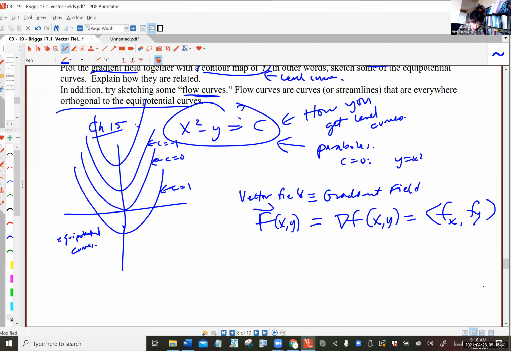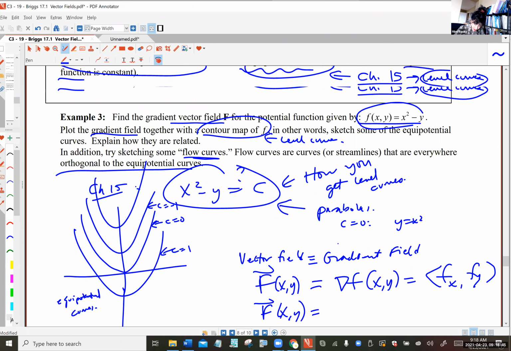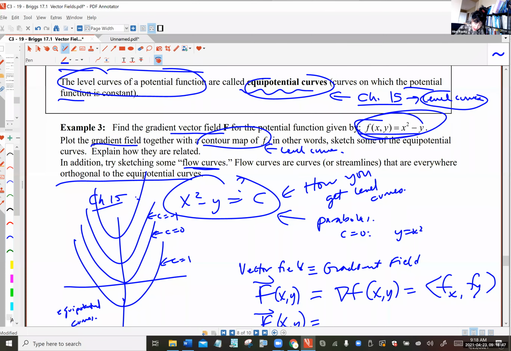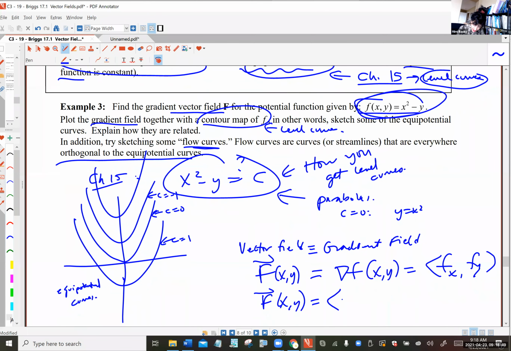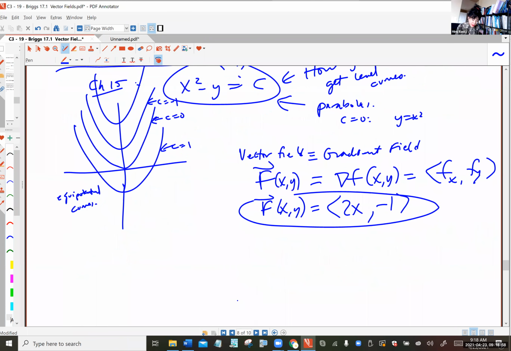Okay, so what do I mean? Well, your vector field is going to be, what's the partial of f here with respect to x? I think the partial will be 2x, and then the partial with respect to y will be -1. This is the vector field. If you go graph this guy, you can make a chart, and I'm going to pick points off of the equipotential.